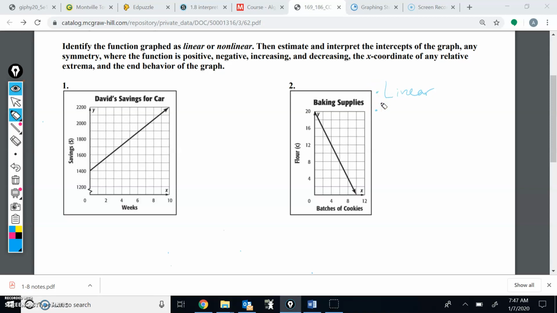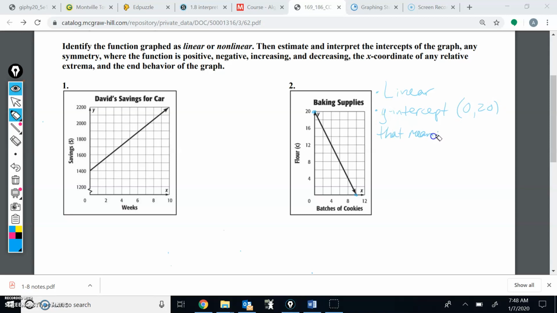Let's look at any intercepts. Here's an intercept where the graph crosses the y-axis, and here's an intercept where the graph crosses the x-axis. So let's write the y-intercept is 0, 20.